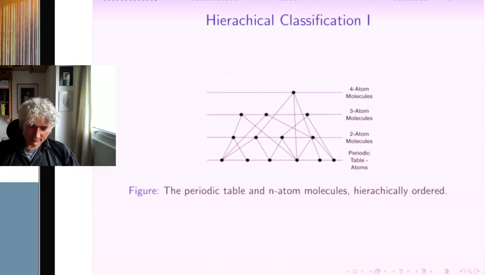So you have here then as the first classification the periodic table of atoms. Note that this is already a classification. It's not the set of basic objects.